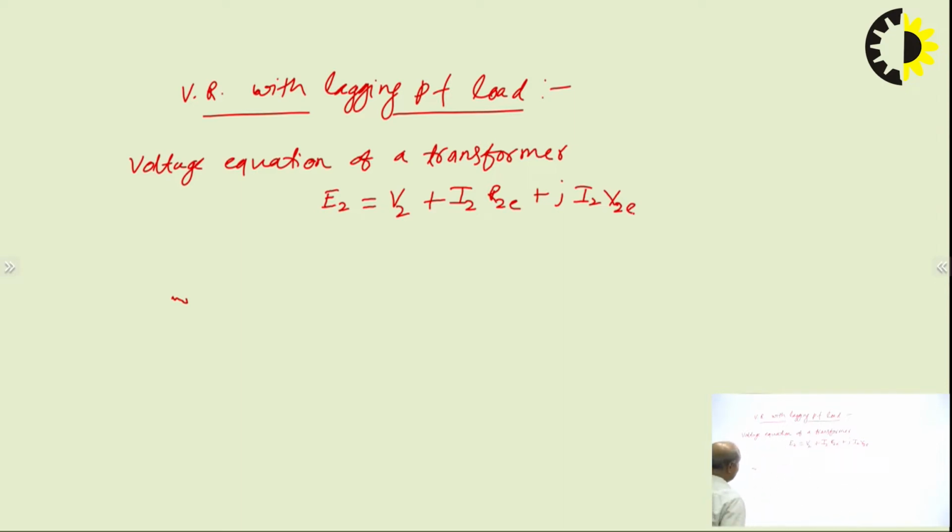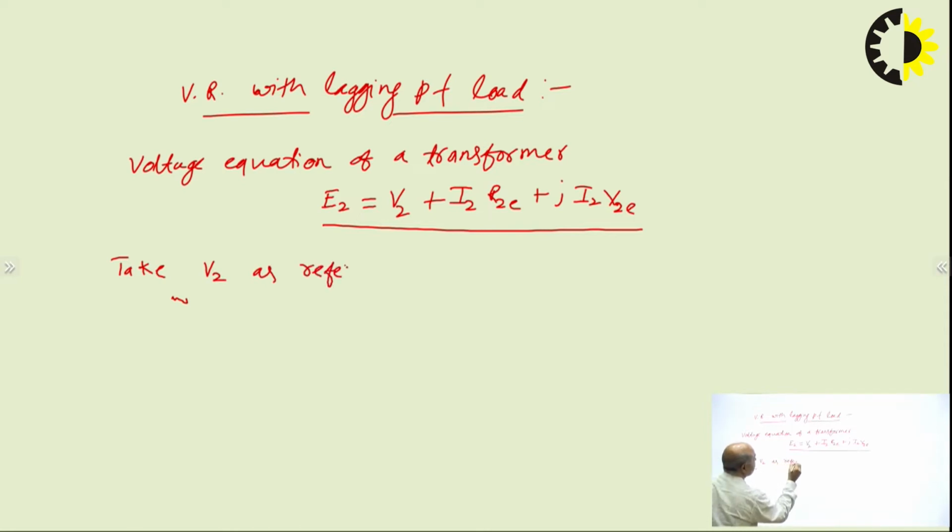So we will now draw with the help of this equation. With the help of this equation, we will draw the phasor diagram, and to draw the phasor diagram, take V2 as reference. When we take V2 as reference, our phasor diagram we can draw very easily.